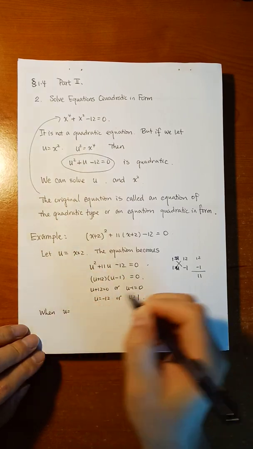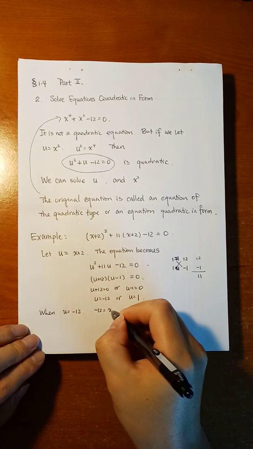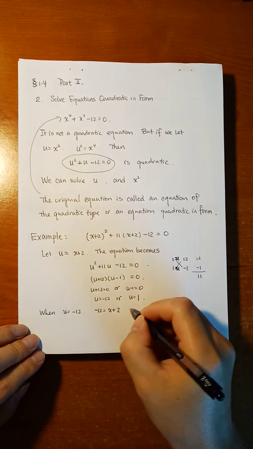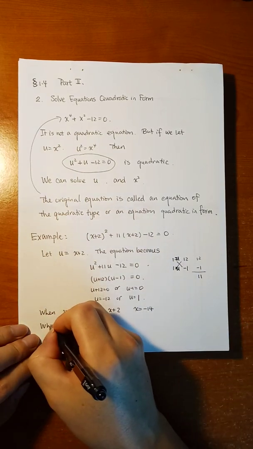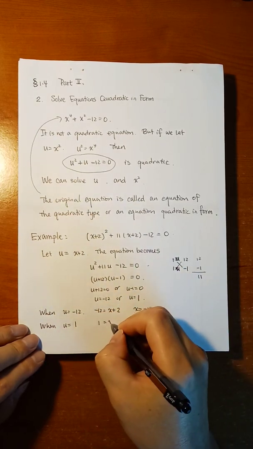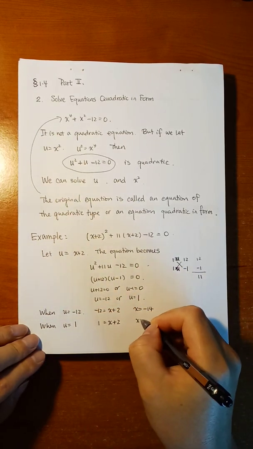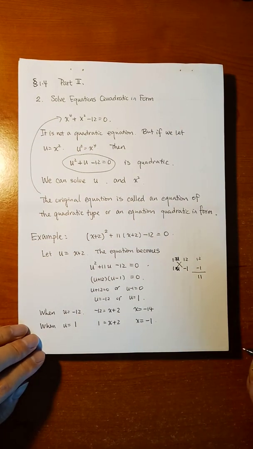So when u is negative 12, negative 12 is equal to x plus 2. So x is negative 14. When u is equal to 1, 1 is equal to x plus 2. So x is negative 1. Right?